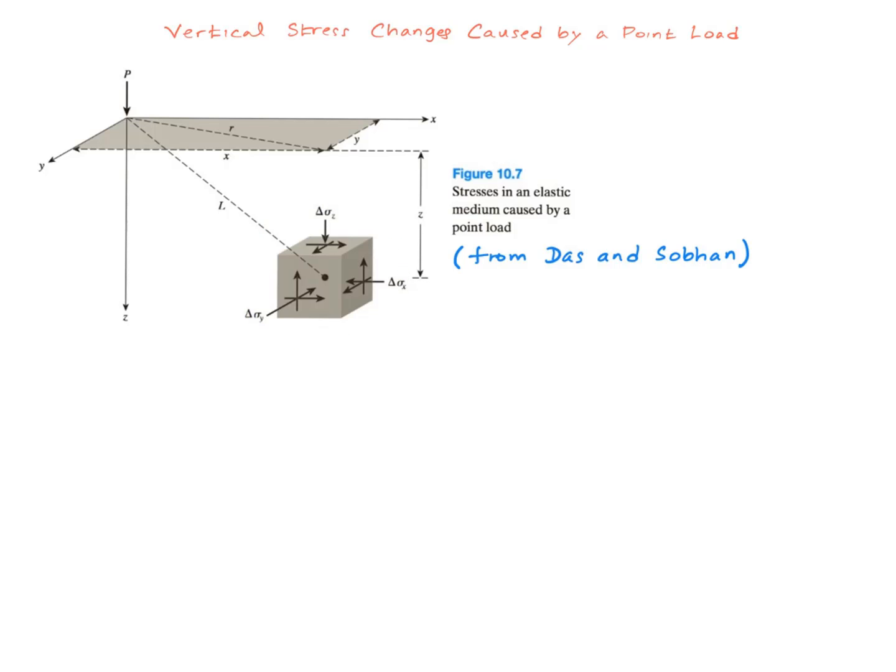So in principle, all of those components actually will change, but we are mostly interested in calculating the vertical settlement, and the vertical component is the one that's going to have the most influence on the value of the vertical settlement. Therefore, we'll just focus on the vertical component.